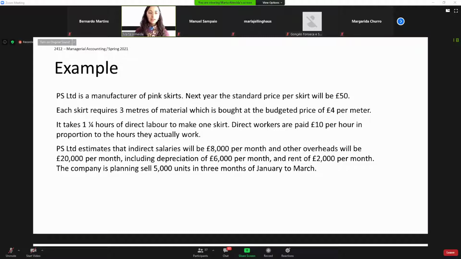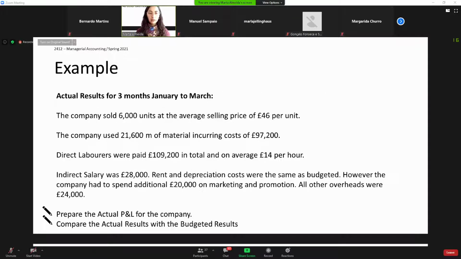The company is planning to sell 5,000 units in the 3 months of January to March. So all this information is to prepare the budget for 3 months, January, February, March. And we did the budget last week, you remember? I have that budget on the board, and I will show you that next.